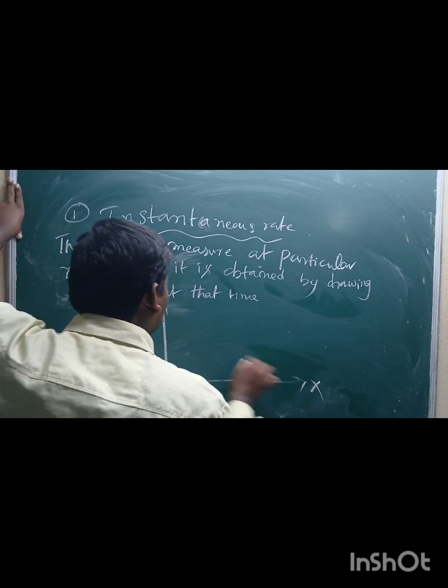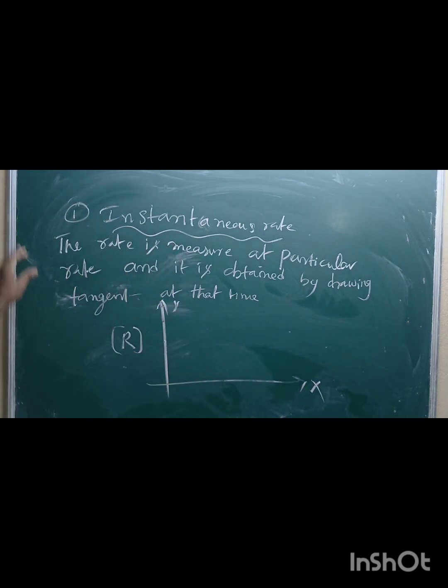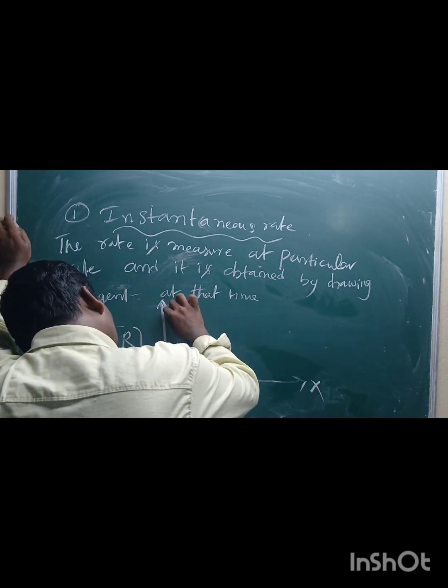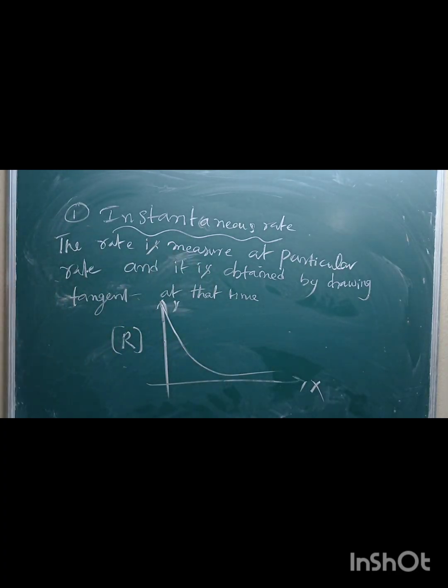Now I am taking the graph. This is the x-axis, this is the y-axis. Now I am taking concentration of reactant against different times, with a decrease in the concentration of reactant. Instantaneous, a particular instant.